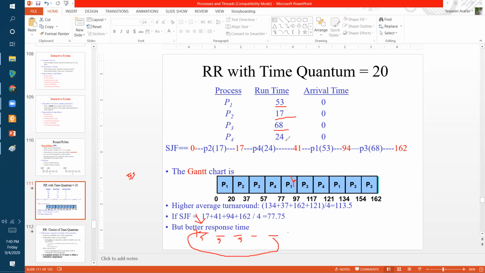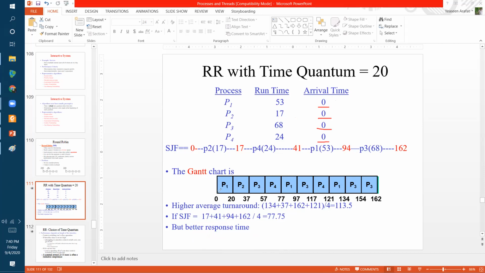Now we have to draw the Gantt chart for the round robin algorithm. The arrival time of all processes is the same, so we have no headache with arrival time.